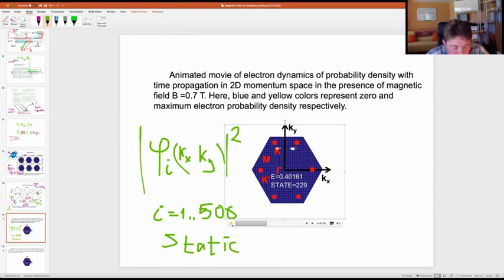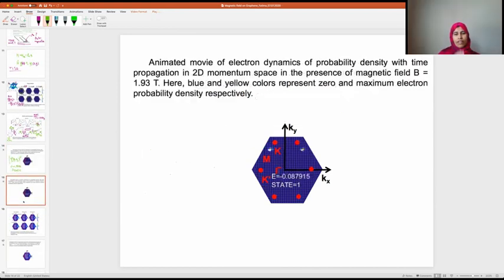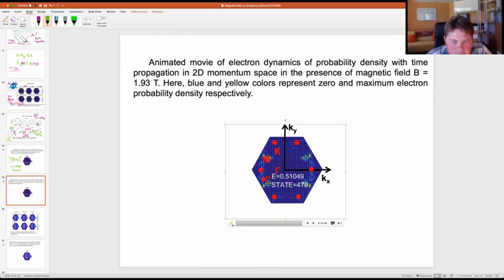Fatima, do you have more comments, or you want to go to the next one? The next one. Okay. And this is the same thing, 500 eigenstates at magnetic field 1.93 Tesla. Here we can see that electron distribution area is more delocalized.